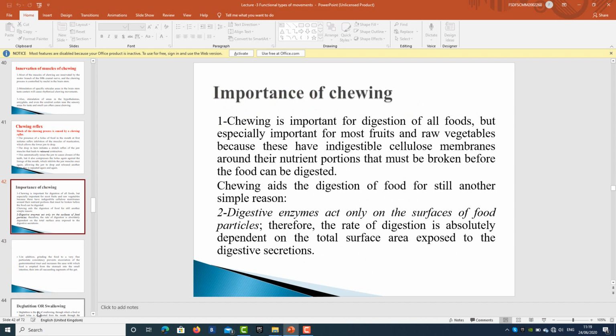Now, what is the importance of the chewing reflex? We should know about it.